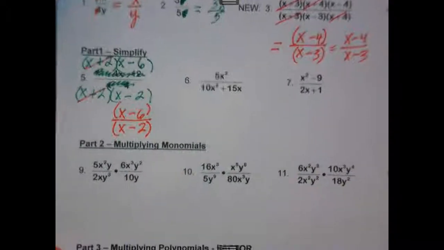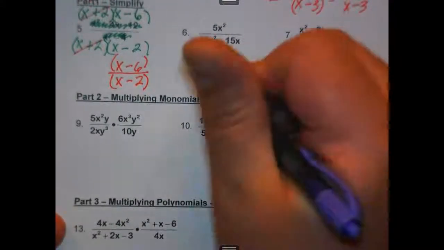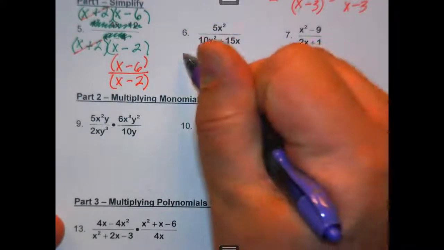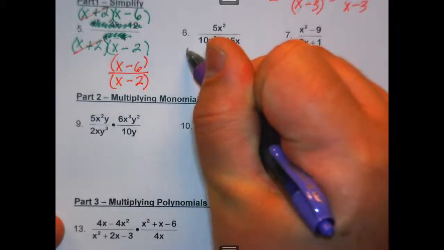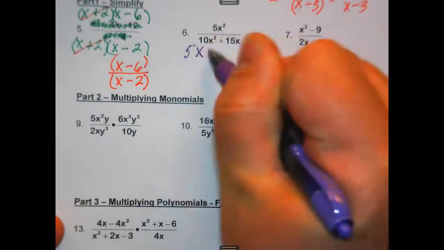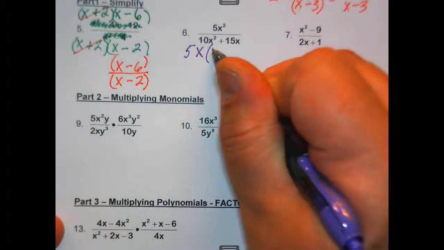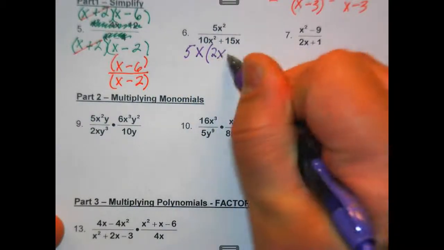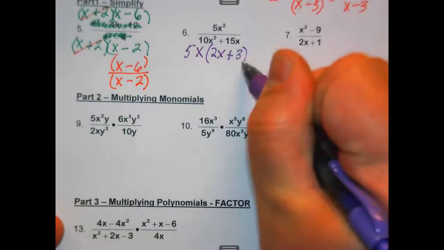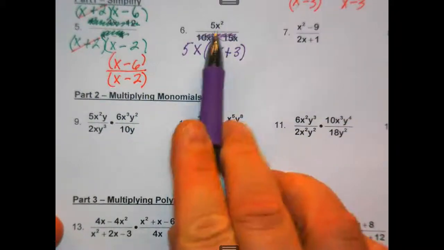All right. I cannot factor the numerator. Can I factor the denominator? Yes, according to my flowchart card. I can take out an x, and a 5, so a 5x. 2x squared divided by 5x is 2x. 15x divided by 5x is 3.